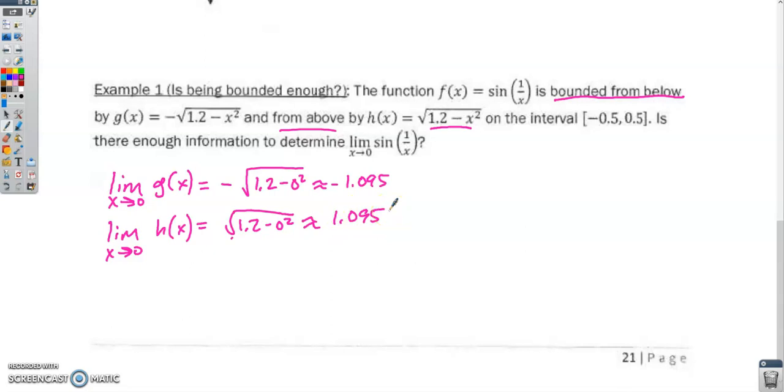So, do we have enough information to determine the limit as x approaches 0 of the sine of 1 over x?